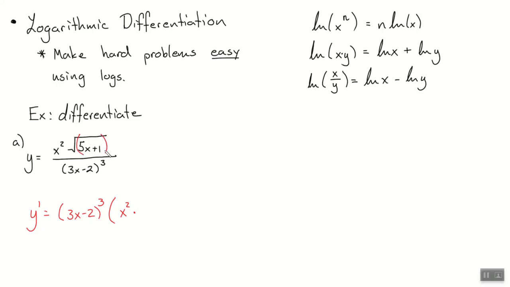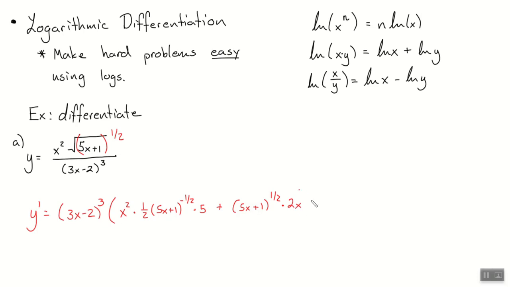I'm not going to rewrite it, but this is to the 1/2, so 1/2 times 5x plus 1 to the negative 1/2, but there's a chain rule here, so it's really times 5 afterward. First times the derivative of the second, plus the second, gross, times the derivative of the first. What's the derivative of the first? 2x.